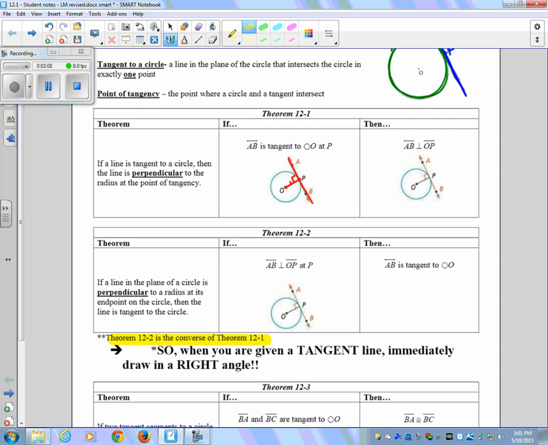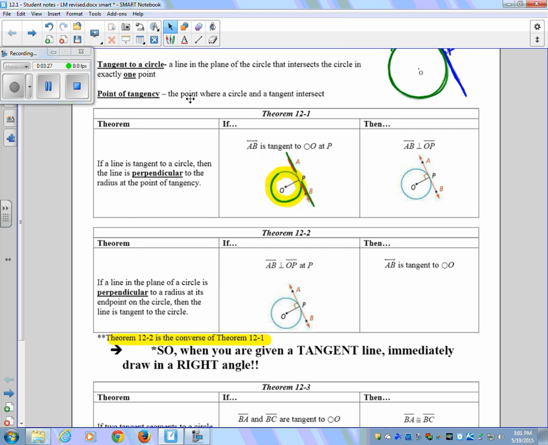So in the first case, we have a circle and we're told this line is tangent. If we're told this line is tangent, we are able to draw a radius and know that it is perpendicular to the tangent line.